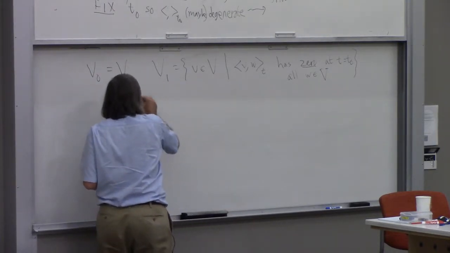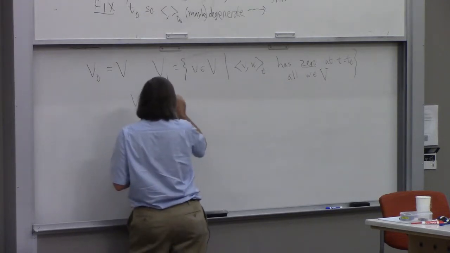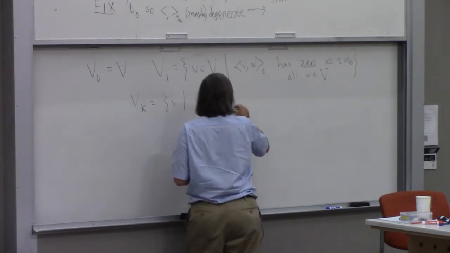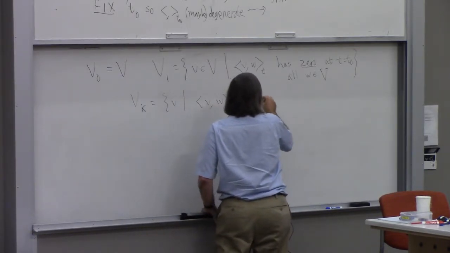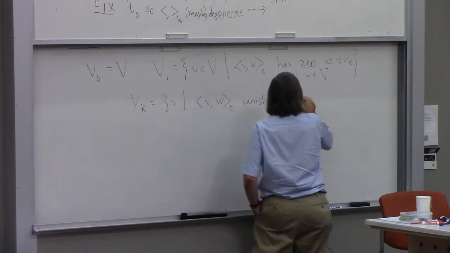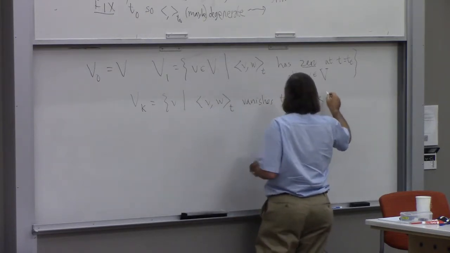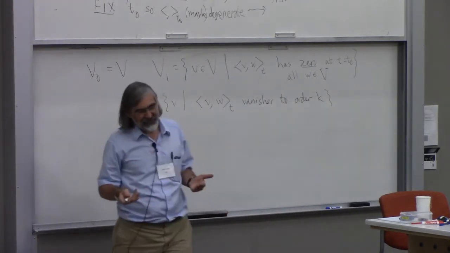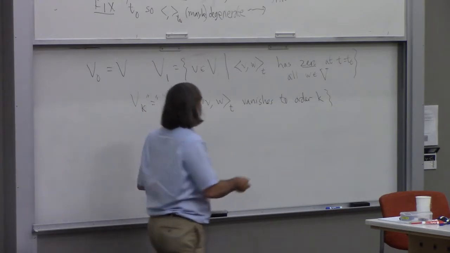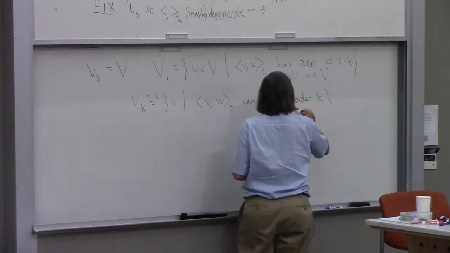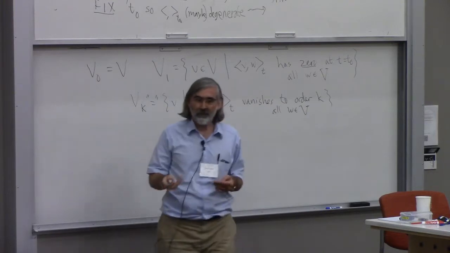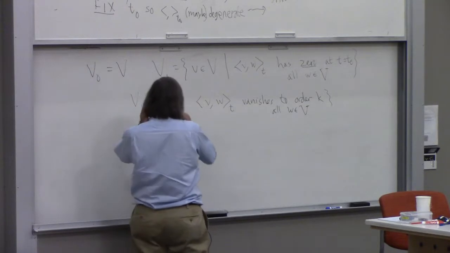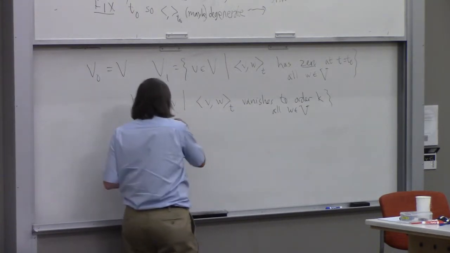Well, roughly, Vk is the set of v such that this form of v with w at T vanishes to order k, for all w in V. That statement is precise but incorrect. This isn't the right one, that's really what you want.